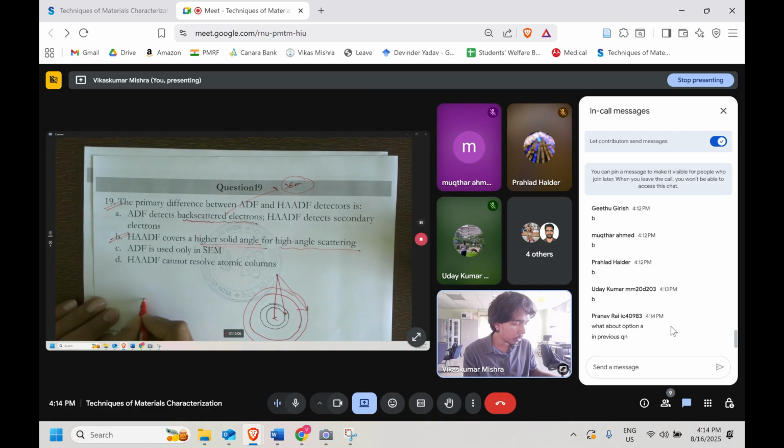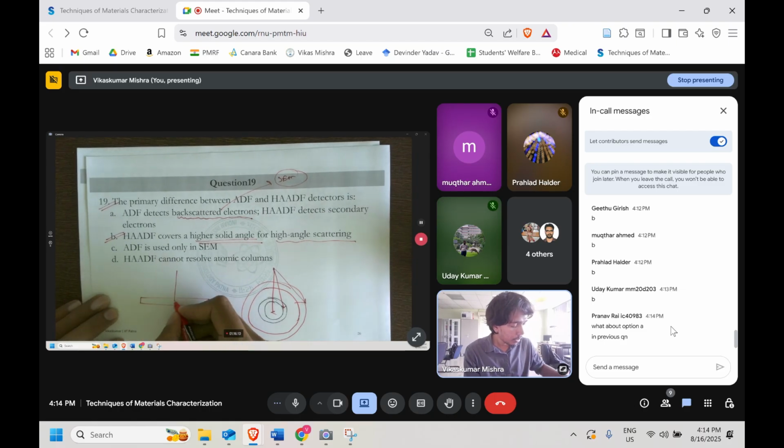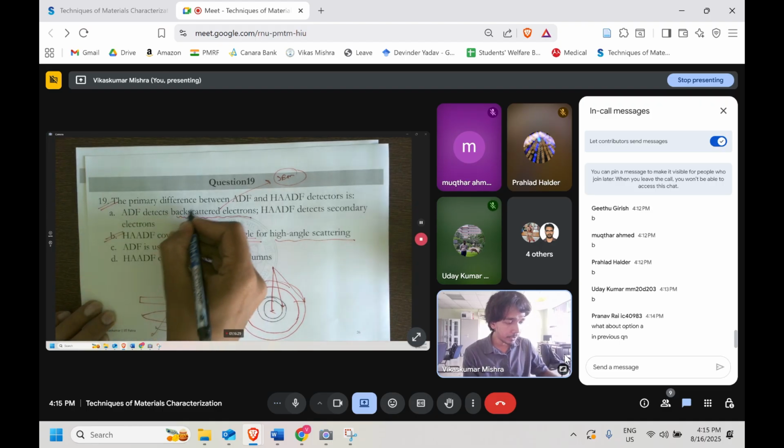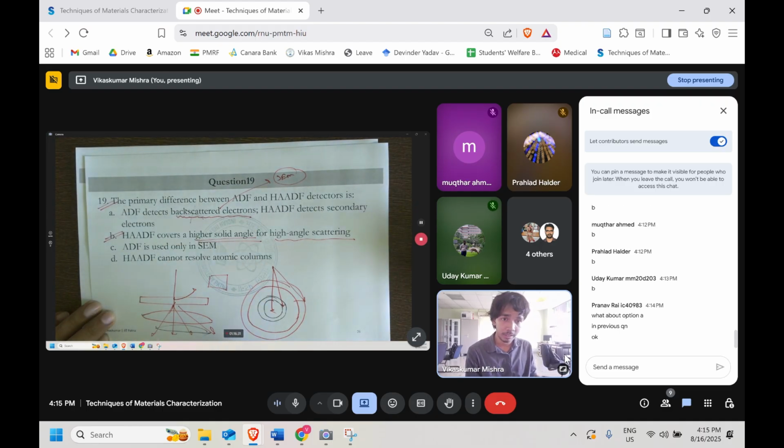For the backscattered electron, you should place your detector above the specimen, while we are talking about the transmission geometry, where HAADF is somewhere over here and ADF is somewhere over here. So this is the incorrect one. We are not covering the backscattered electron.